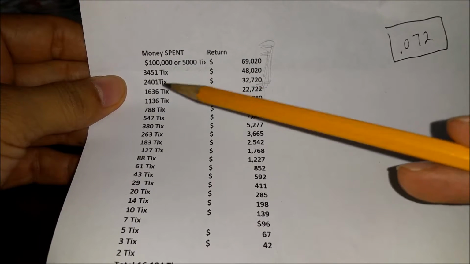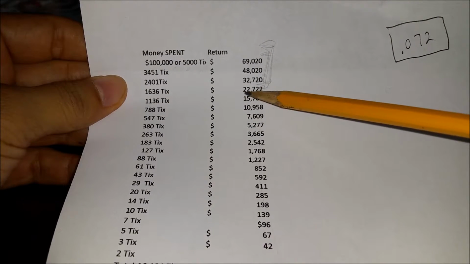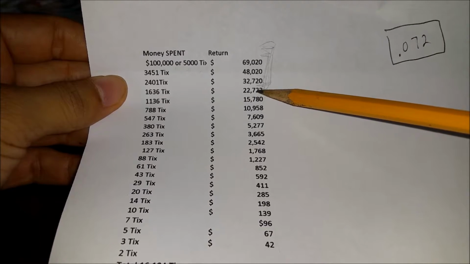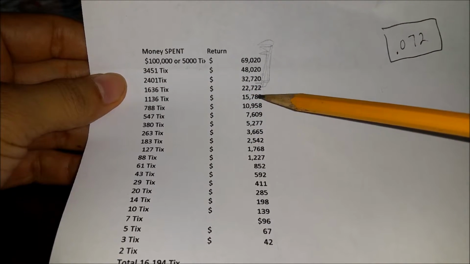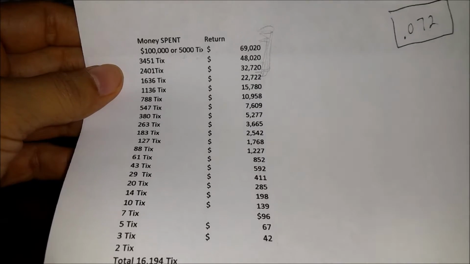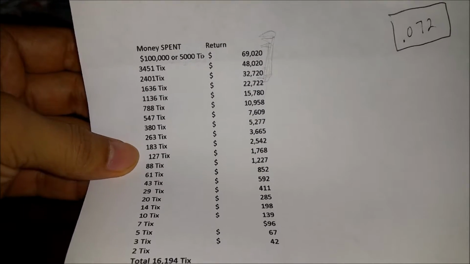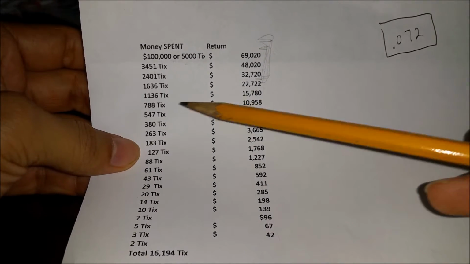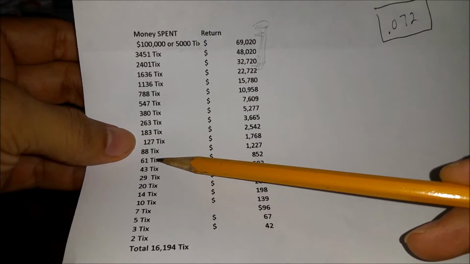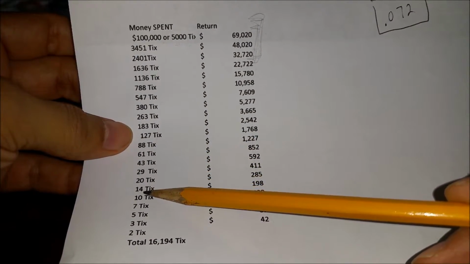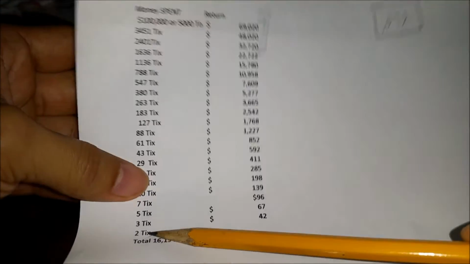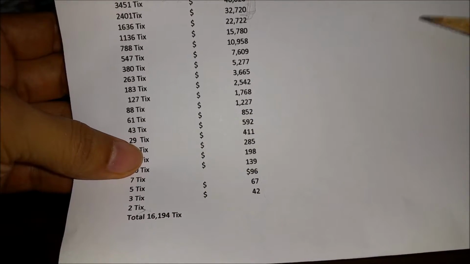So with this amount, you buy this amount of tickets, and this is your probable return, and it goes down and so forth, cycling all the winnings and putting it back on scratchers, and it goes down and down the list until you have basically 2 tickets left.